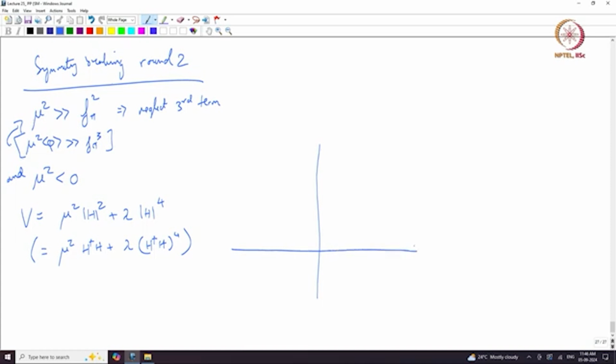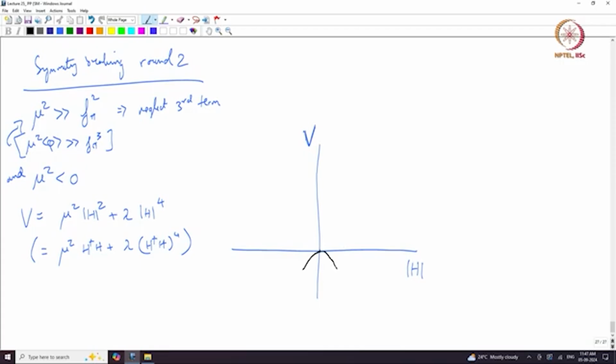So, the potential, okay, I can now write as the absolute value, it should look like this. Would you agree? At 0 it should be 0, but if it had been positive I would have drawn a parabola that is upward facing, but since mu square is negative I will start with a parabola that is downward facing.